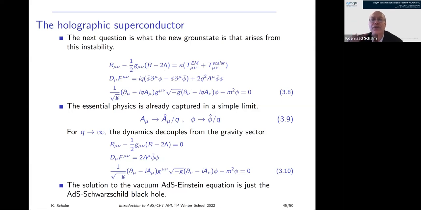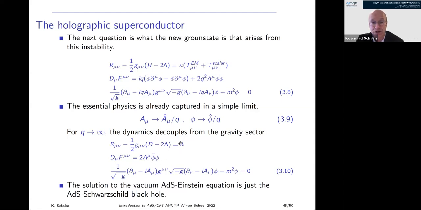Now I can study this whole system, but that's rather difficult. The essential physics is already captured in a simple limit where I first rescale mu by q, the charge of the scalar field, and also the phi field itself. And then for q is infinity, the dynamics decouples from the gravity sector. So I have this as the Maxwell equation, with this as the source for the Maxwell equation, and this is the phi field equation of motion.